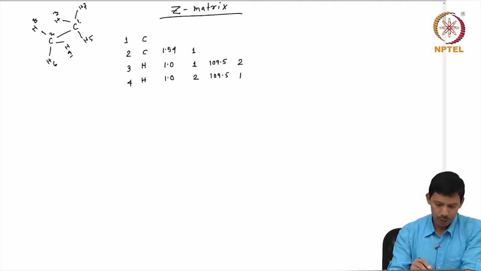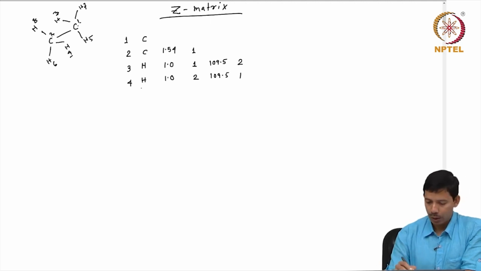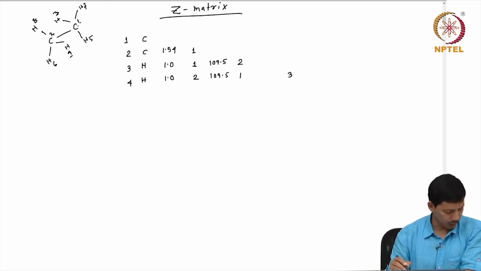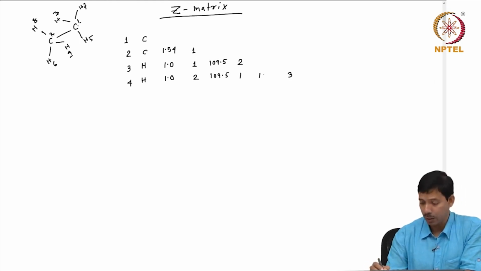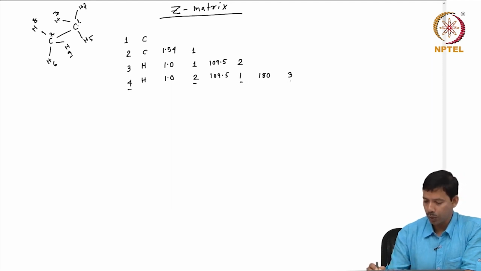So my dihedral is 4, 2, 1, 3, and that dihedral value is 180, because this is a staggered conformation of ethane. So here you can see that 4, 2, 1, 3 forms a dihedral of 180 degree.